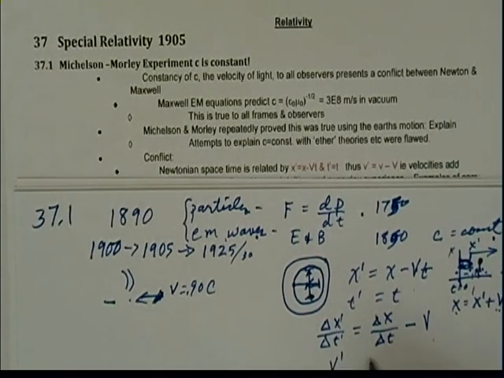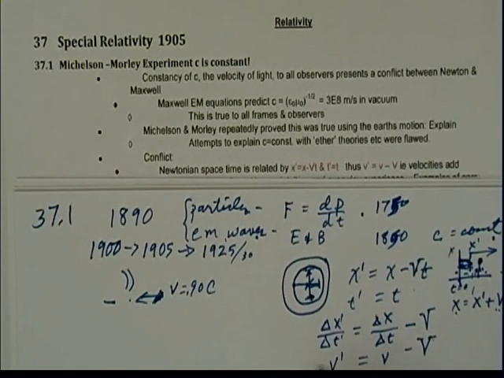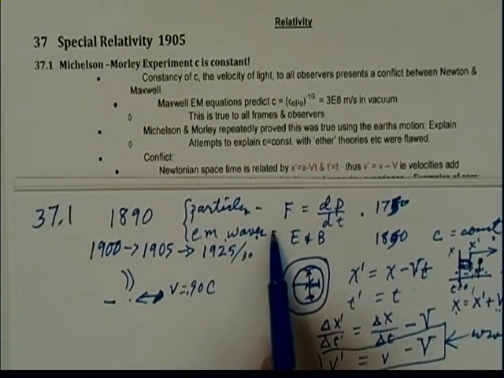And so the velocity in the prime frame is the velocity in the unprimed frame minus the relative velocity of the two frames. This is absolutely confirmed and predicted by our classical physics, and it is wrong, according to all of the experiments that are done and the prediction of Maxwell.